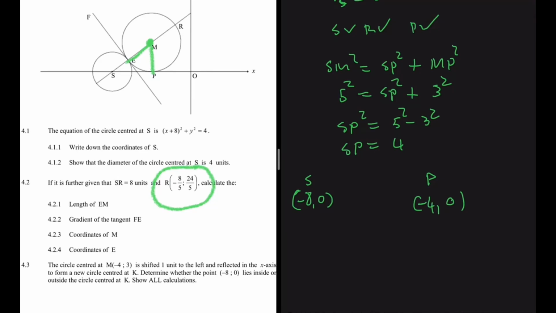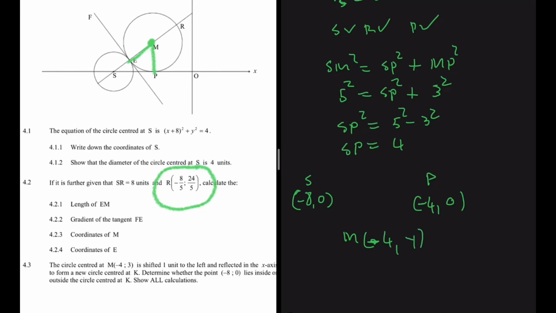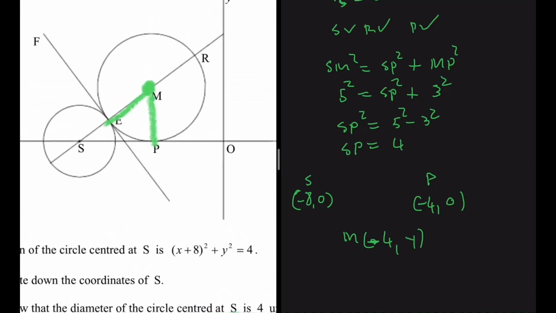So now we have found the x value of our coordinate M. It's minus 4 and some y, which we do not know. Let's go back to our sketch again. If you pay more attention, you will realize that from P to M is 3 units, right? Because that is the radius, 3 units.